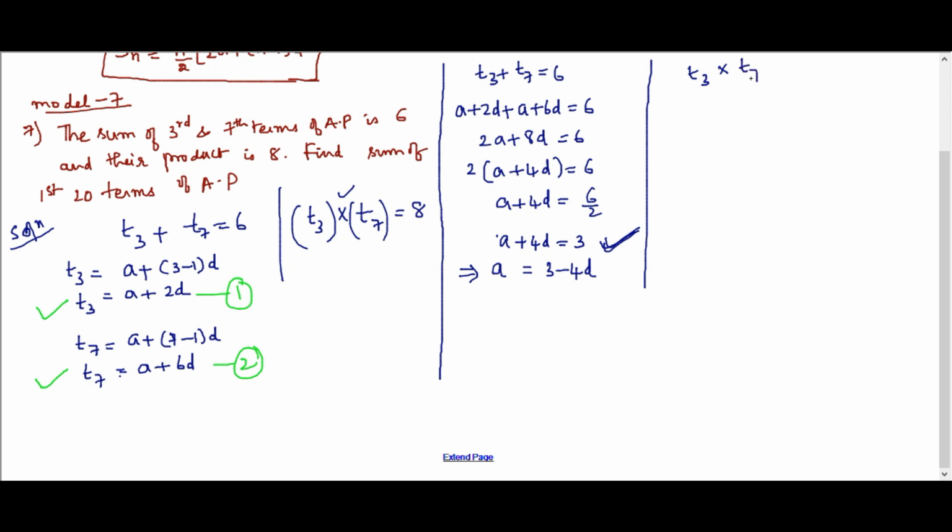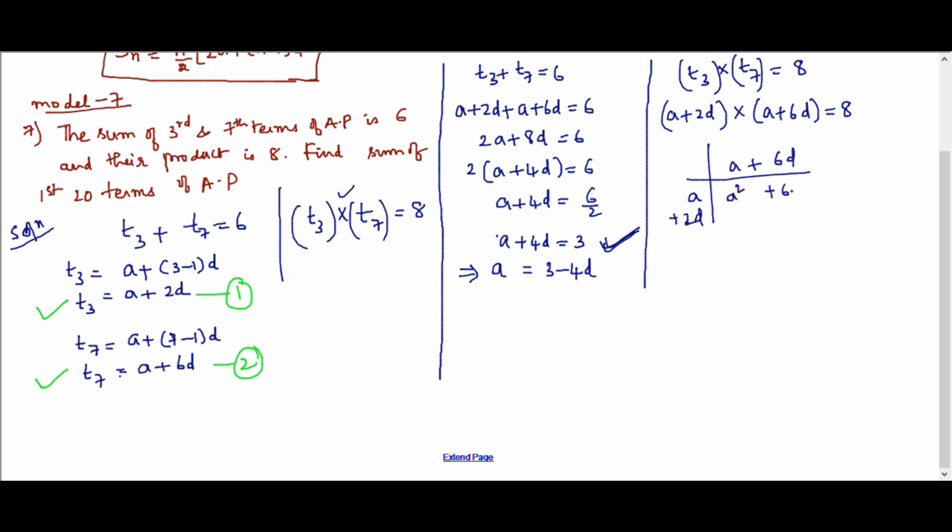T3 into T7 is how much? 8. What is T3? A plus 2D. I prefer to write brackets for multiplication, we need it. A plus 2D into A plus 6D is equal to 8. You can solve this way: A square, plus 6AD, plus 2AD, plus 12D square.